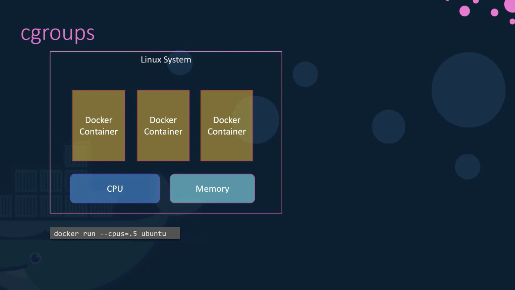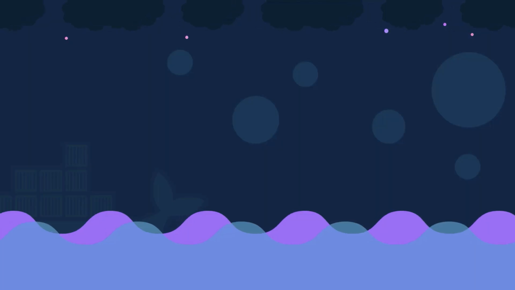The same goes with memory. Setting a value of 100M to the --memory option limits the amount of memory the container can use to 100 megabytes. If you're interested in reading more on this topic, refer to the links I posted in the reference page. That's it for now on Docker Engine.